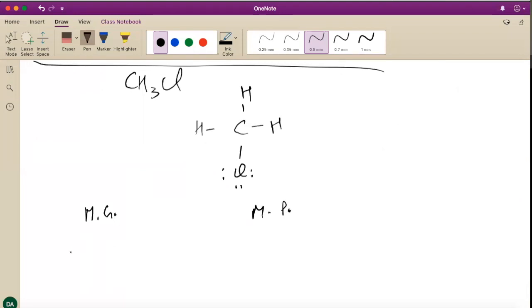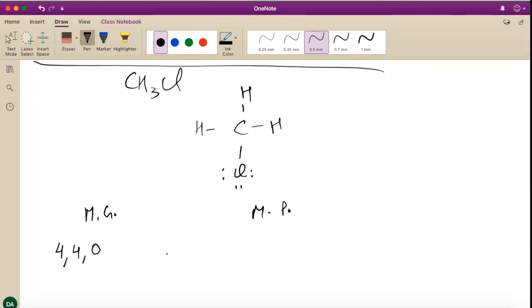For geometry, what do you look at, guys? You need that table, right? So for that table, what do you look at? Electron groups. Carbon has how many electron groups? 4. So the formula is 4 total neighbors, out of which how many are bonded? 4, and how many lone pairs? 0.